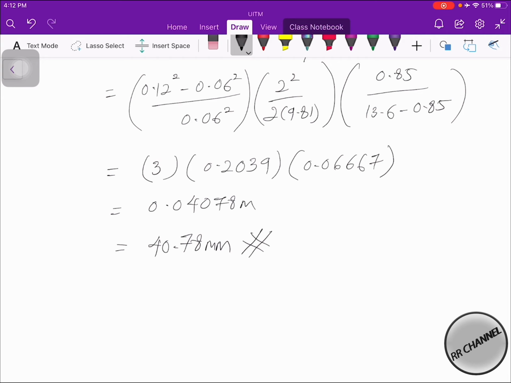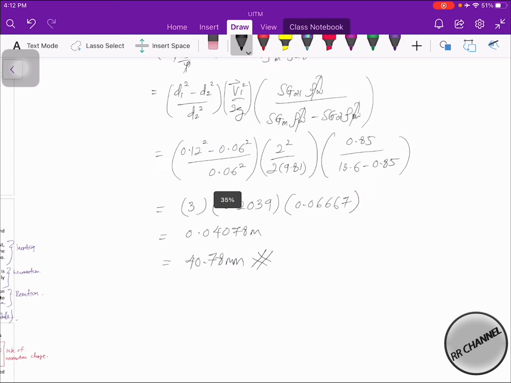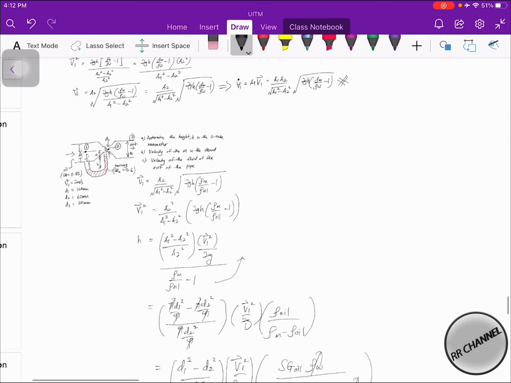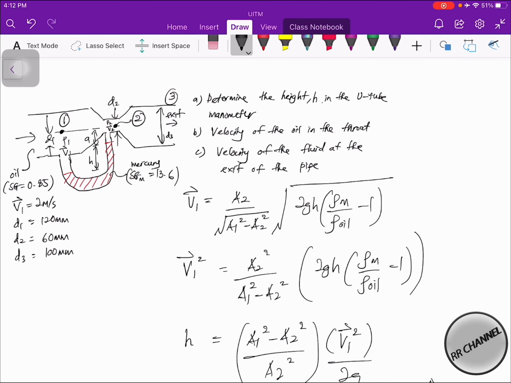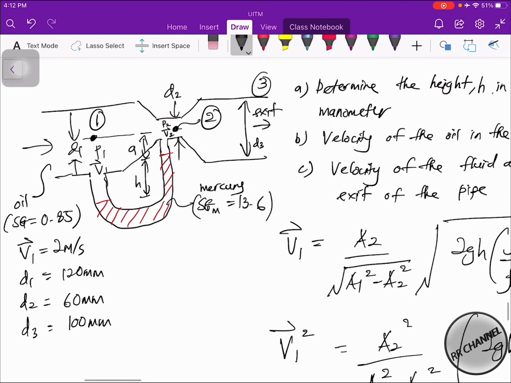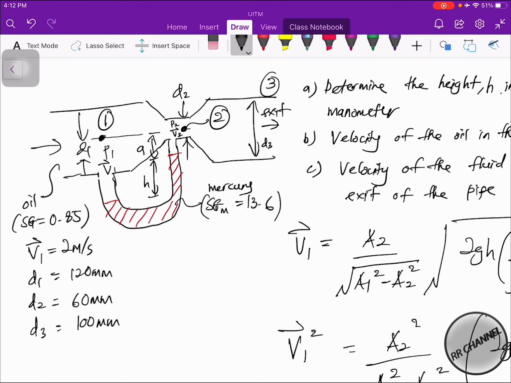Then for question number 2, it asks for the velocity of the oil in the throat, which means it asks for the velocity at section 2.